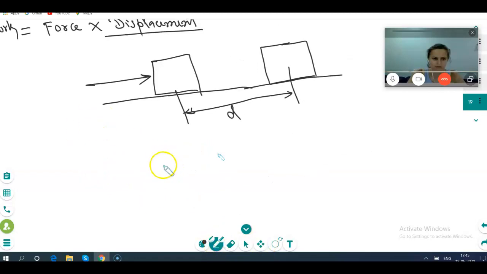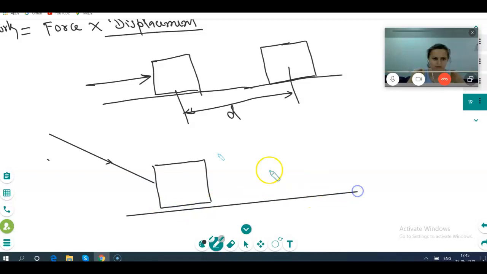Suppose the force is not in the direction of displacement. Suppose you are applying one force here, inclined, and the object is moving on the horizontal surface. What will you do in this case?